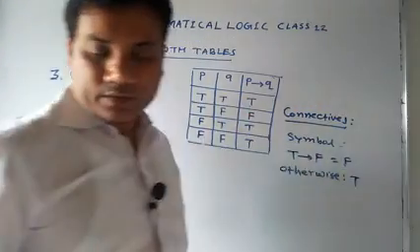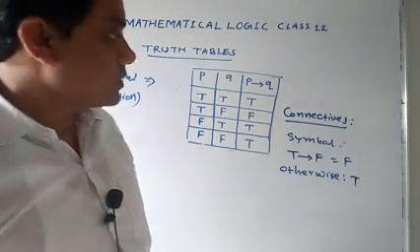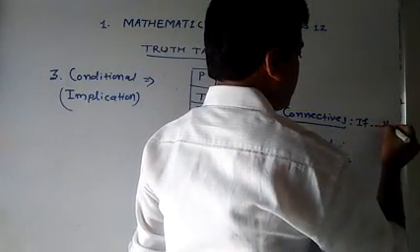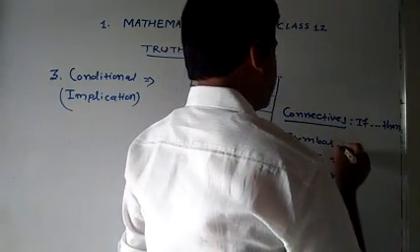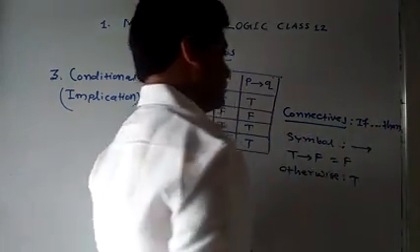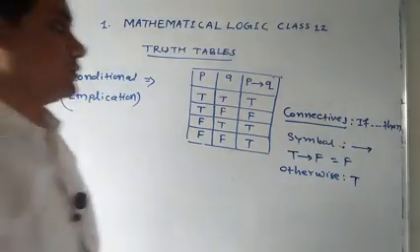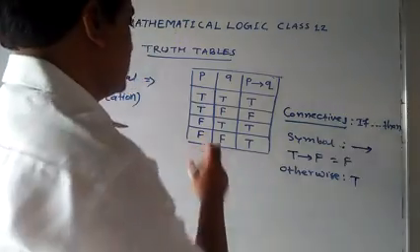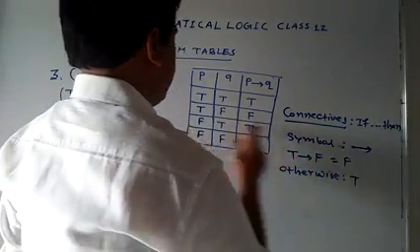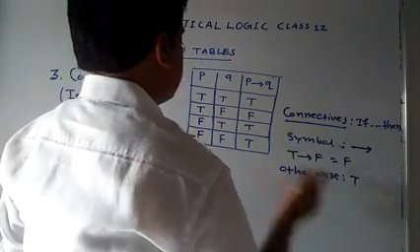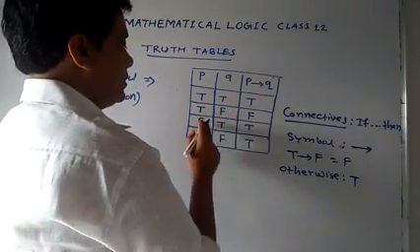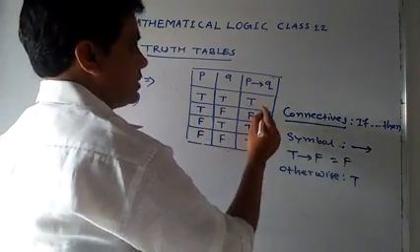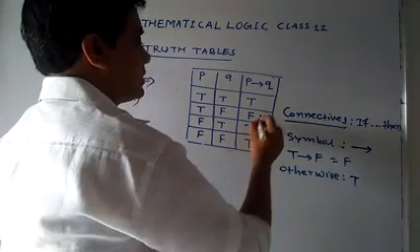Here the connective is 'if then' and the symbol is an arrow. Only T implies F is F.